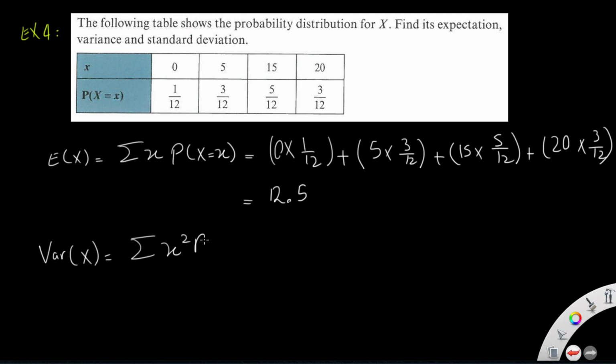Now, the formula of variance of x, if you remember, sigma x squared times probability of x, minus expectation squared. This notation means each square of each x is multiplied by probability.